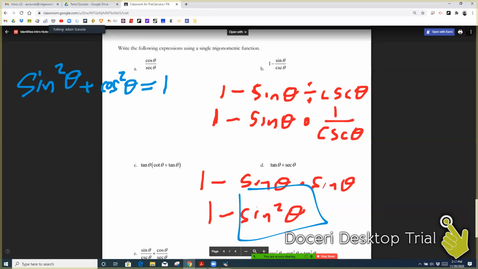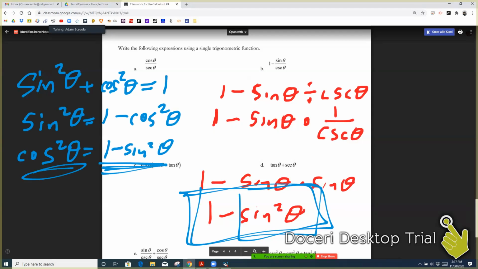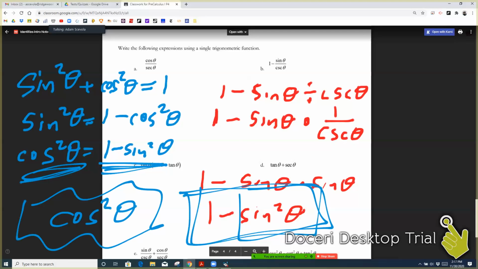All right, if you're allowed to assume sine squared plus cosine squared equals 1, you're also allowed to assume sine squared is equal to 1 minus cosine squared by subtracting cosine squared on both sides. And also cosine squared is equal to 1 minus sine squared. So if you ever see 1 minus sine squared, you're allowed to substitute in cosine squared. And there's your answer. So B just simplifies to cosine squared.